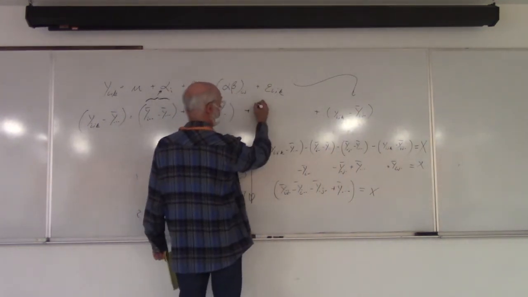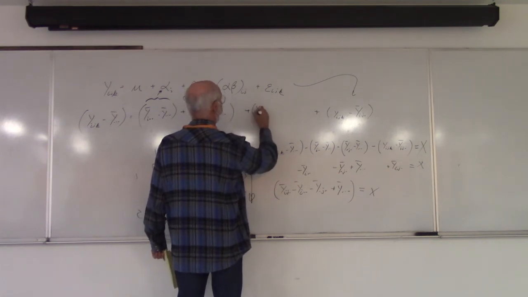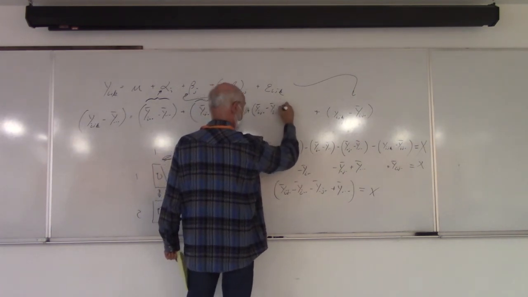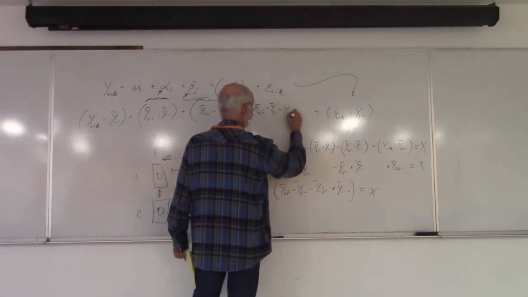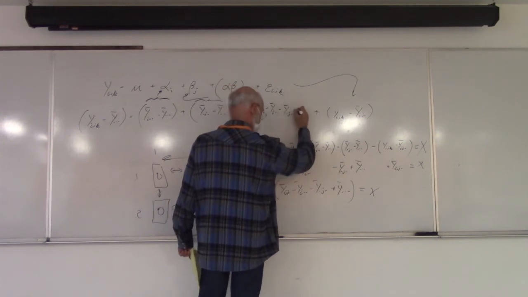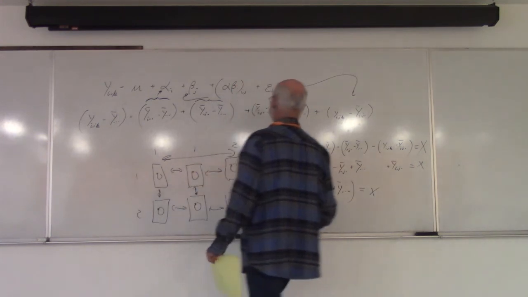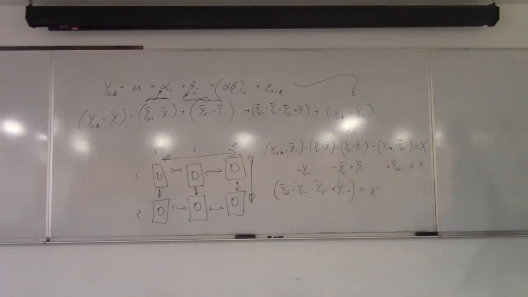So my interaction term is ȳij. minus ȳi.. minus ȳ.j. plus ȳ..., like that. Notice what we've done.